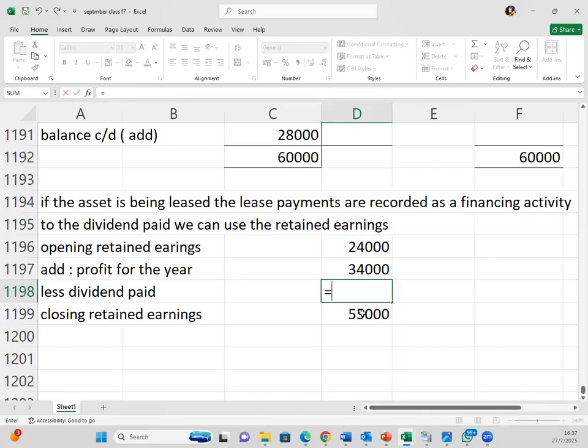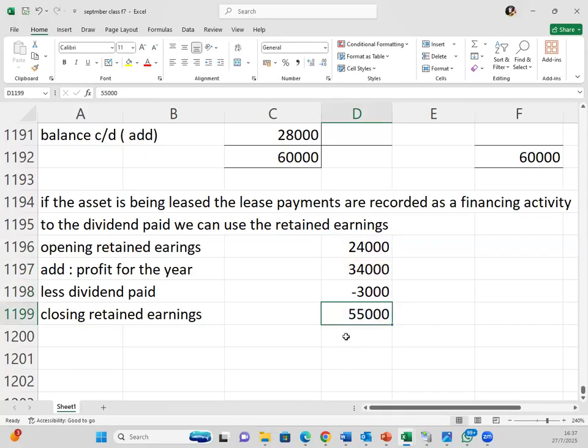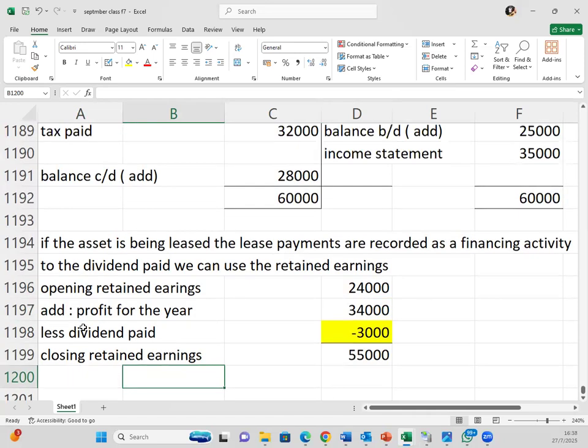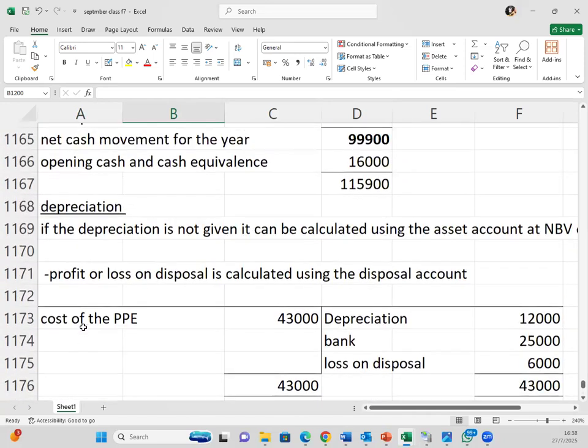So that's why I was trying to do it in reverse. You say this minus that, because we're adding that, so we are supposed to subtract. So the dividend paid becomes the 3,000. So you can actually use the retained earnings, using the statement of changes in equity format, to work out the ordinary dividend paid. So that's regarding the dividend paid.